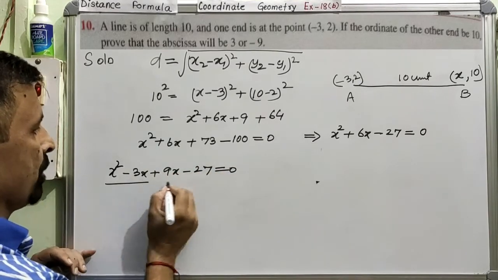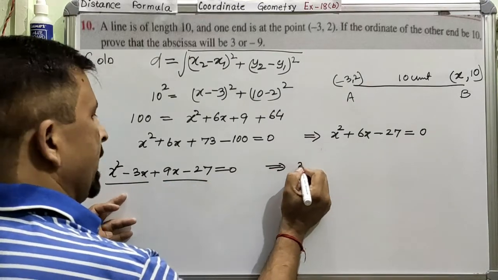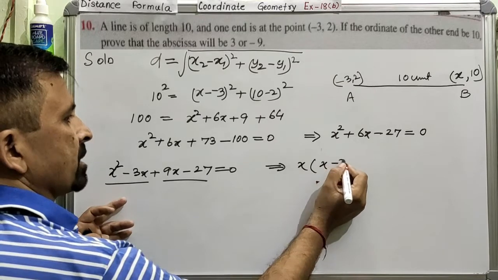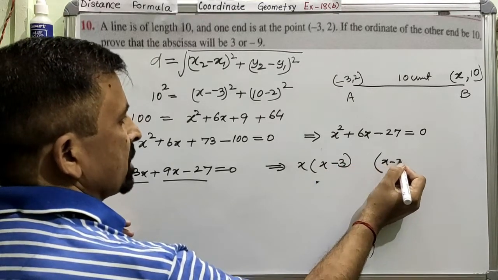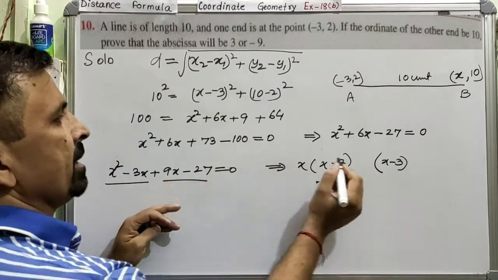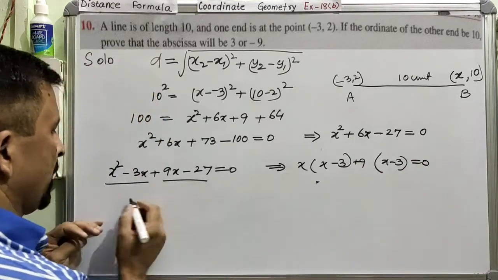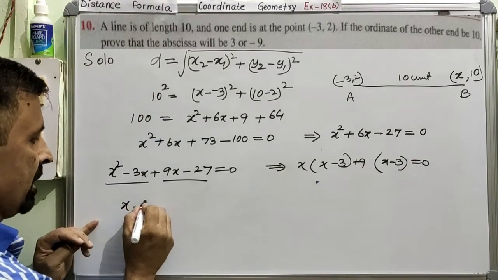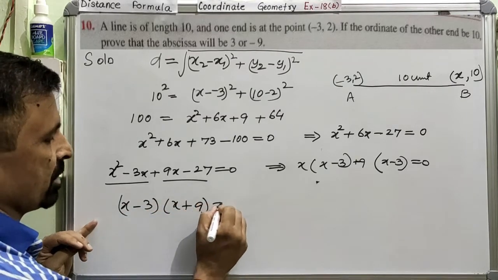Now grouping. From the first group, the common factor will be x, and this is x minus 3, and then x minus 3 you can repeat, and from the second group you can take the common factor as 9. So plus 9 will be out, and this is equal to 0. So finally your factors become x minus 3 and x plus 9 is equal to 0.